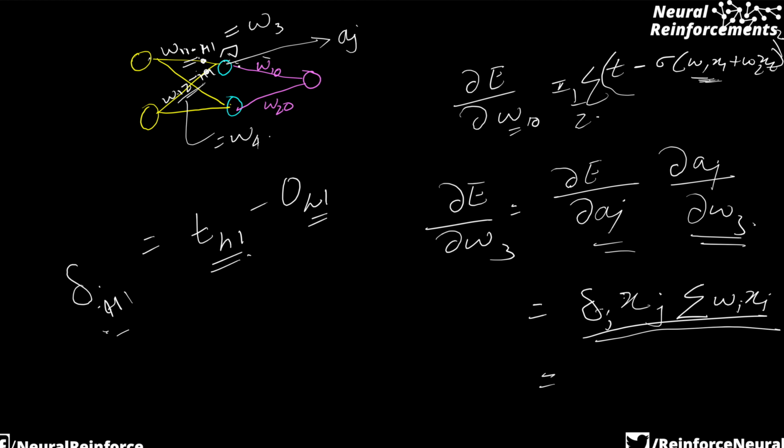So if I have the delta for this node to start with, which we computed as t minus o, where t was given to us from the data, we could compute the delta of hidden 1 as delta of output multiplied by the weight that is incident on it.